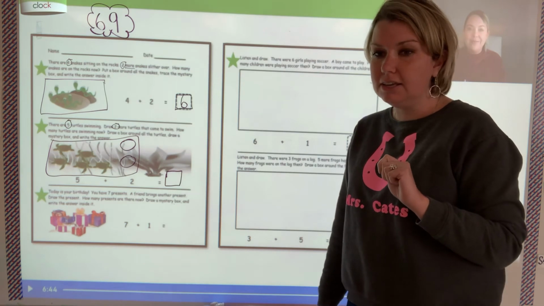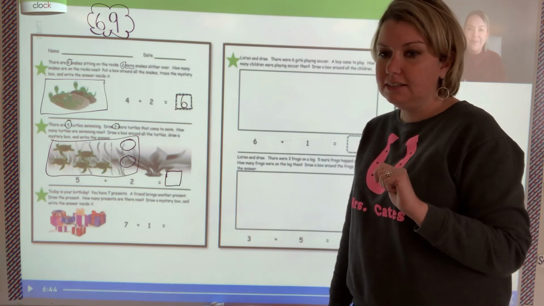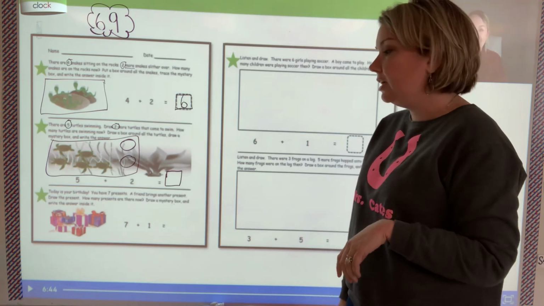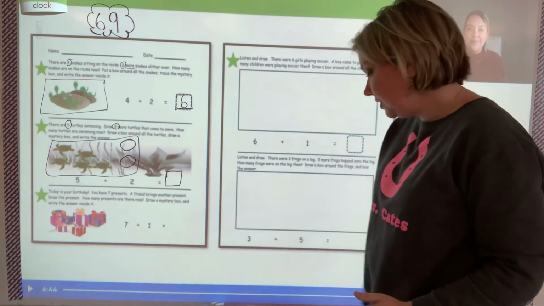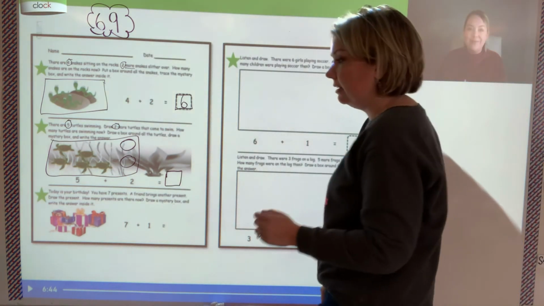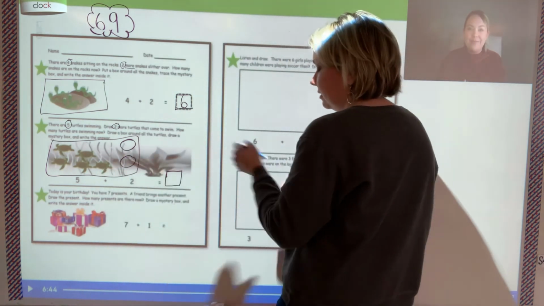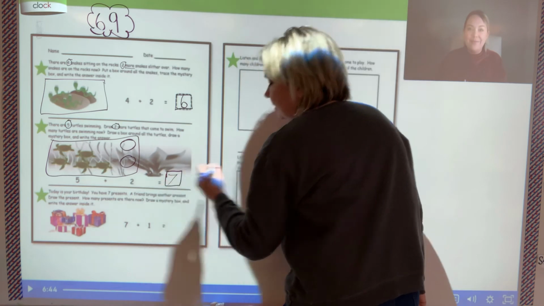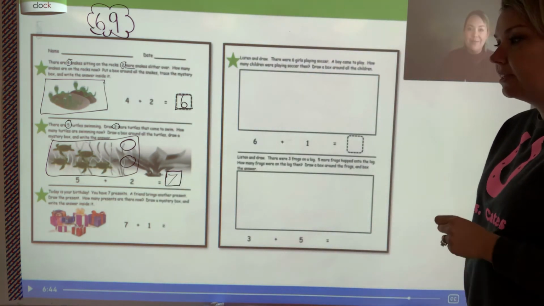I see Carolyn. I see Adeline. Good job, friends. 7. There's 7 sea turtles in all. I'm going to use this strategy. I'm going to count on 5, 6, 7. 7 sea turtles. Great.